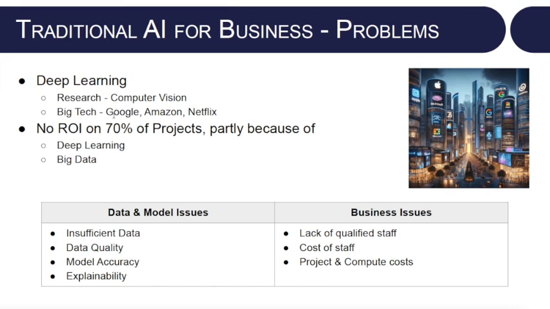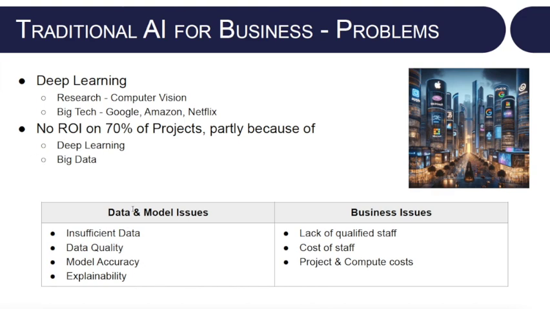And big tech companies such as Google, Amazon, Netflix, etc., used deep learning to get really good results, and they had lots of data. And when other enterprises tried to take the same approach, they ended up having to use deep learning algorithms and deep learning compute, but also ended up with big data requirements.